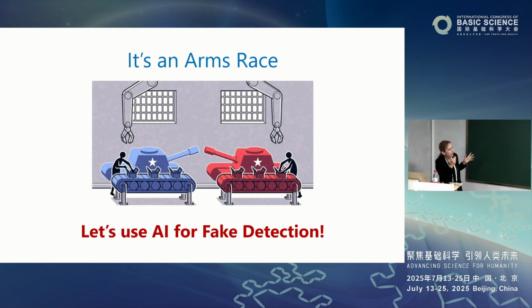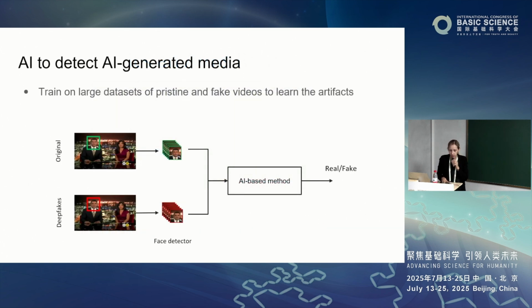This is an arms race: AI is used for generation, and we also use AI for detection. So we use algorithms based on artificial intelligence to detect such manipulations. In particular, what we started to do at the beginning was to work on deepfake videos.